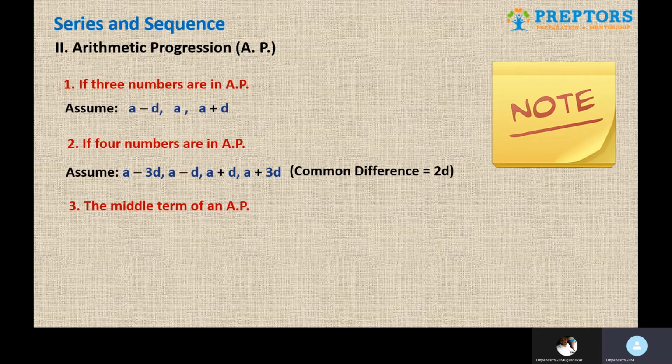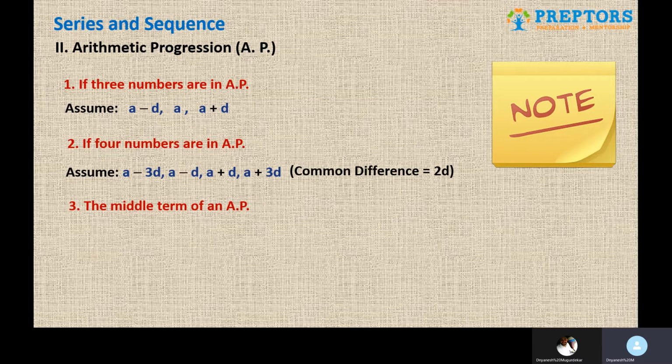Because when you add all of them, minus D minus 3D plus D plus 3D will get cancelled and you will have just one variable to deal with, which will be 4A. And in this case, the difference is not D, but it is 2D, because going from minus D to plus D, you require a transition of 2D, and hence this is a very unique way of writing that up.